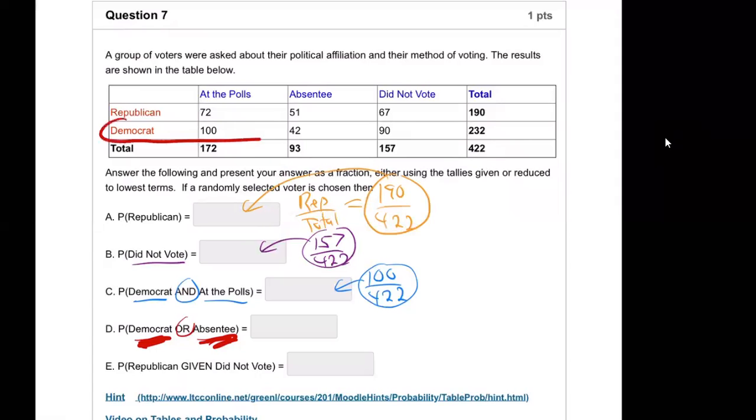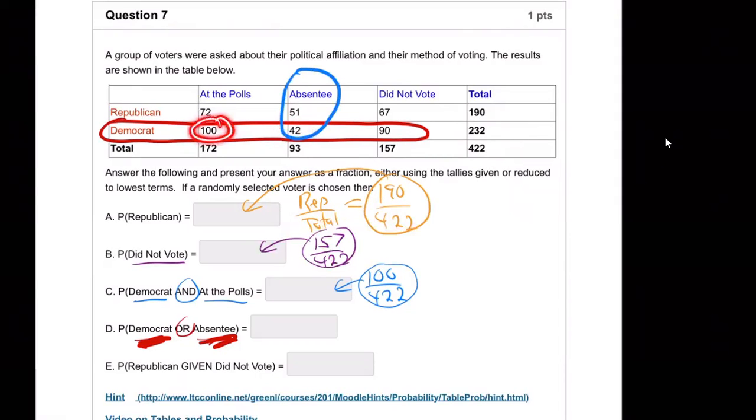So you circle all the Democrat people and then all the absentee people. I'm going to color for clarity. All those people are either Democrat or they're absentee, or maybe they're both. The 42 are actually both Democrat and absentee.